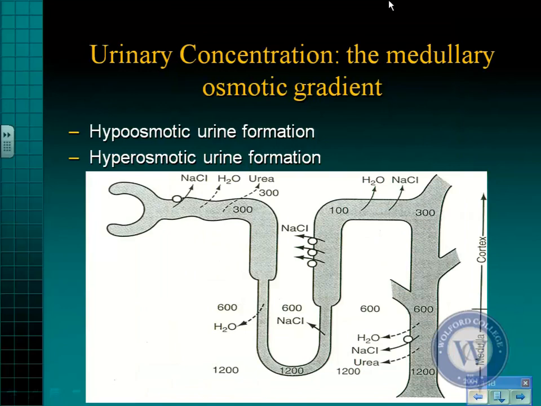So let's look at the urine concentration, the medullary osmotic gradient. This is by far one of the hardest things to explain to people. Okay? So I'm going to try to keep it to a certain level, not go crazy with all the details. Okay? But I want you to sort of understand that if you look at the proximal tubule, there's no concentrating effect normally.